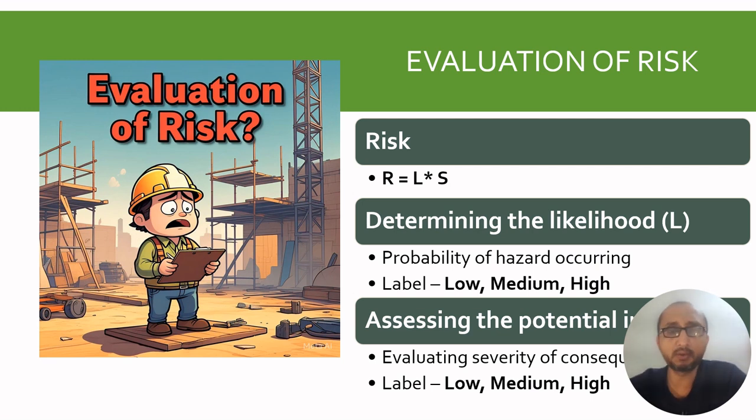Then what will be the consequences? Let's rate them. For the first factor, if a worker falls, what will be the consequences? Maybe he gets some bruises, or there are rare chances of broken bones. Now, what will be the implications for the organization? Maybe the organization has to provide first aid or some medical treatment, or in the case of a broken bone, the worker has to go on leave.